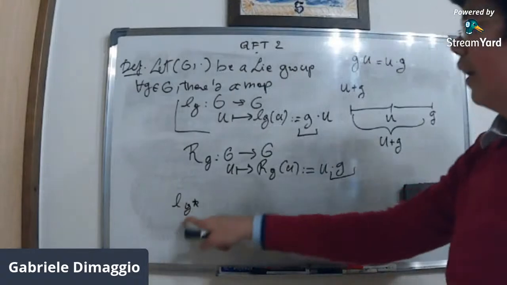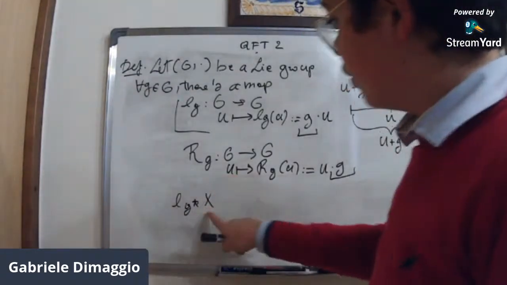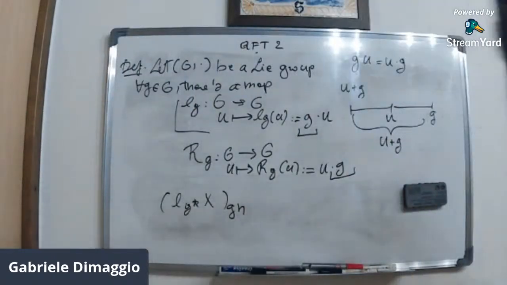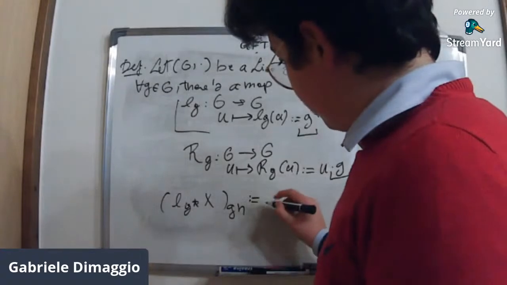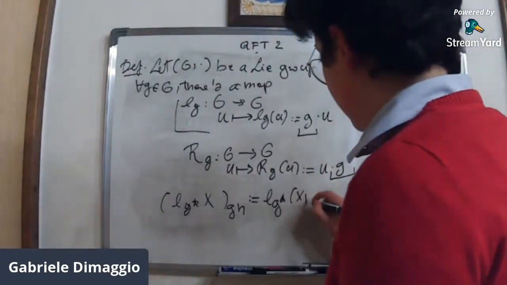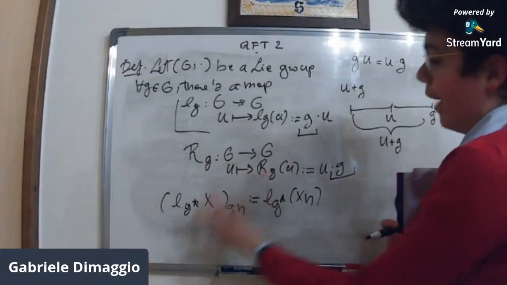So this is the push forward of this map, acting for example over a vector X of GH, which is equal to L_G dual, the push forward, over X_H. Perfect. So this is a map acting over a vector X.